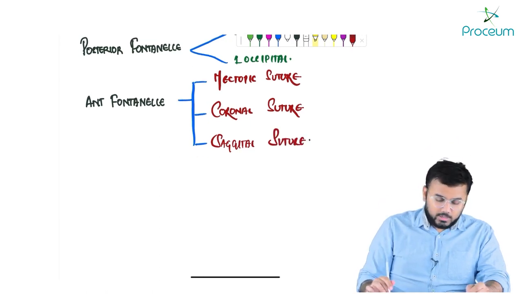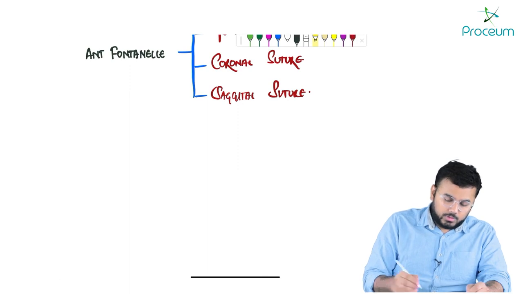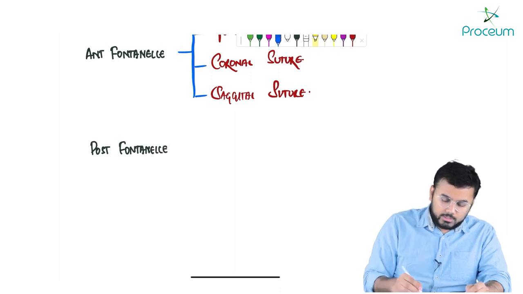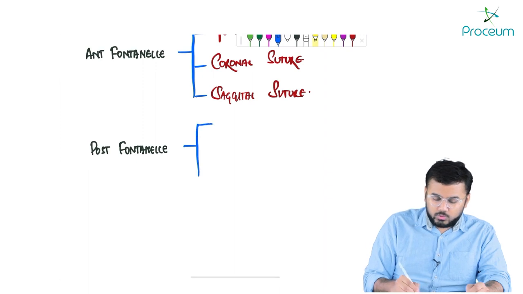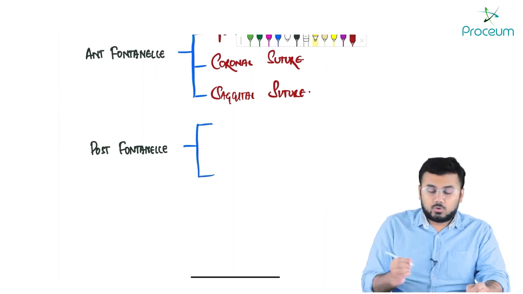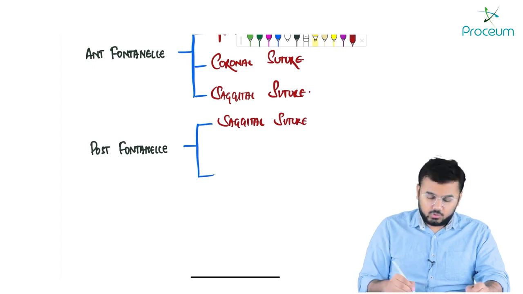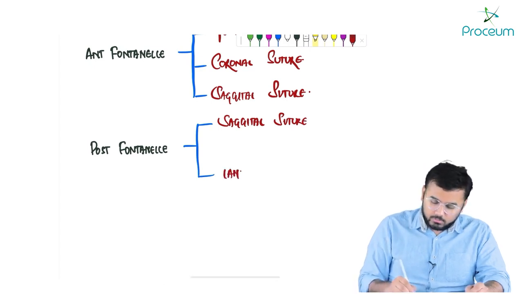In the same way, the posterior fontanelle is formed by two sutures. What are those two sutures, guys? One is the sagittal suture, and the next one is your lambdoid suture.